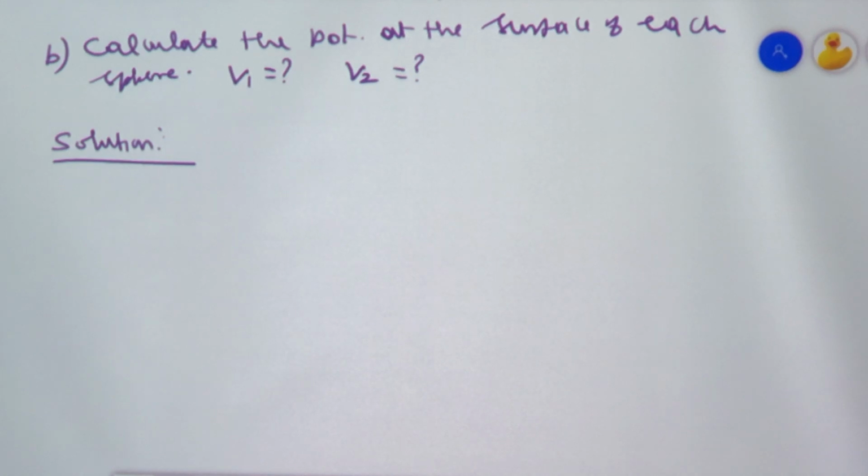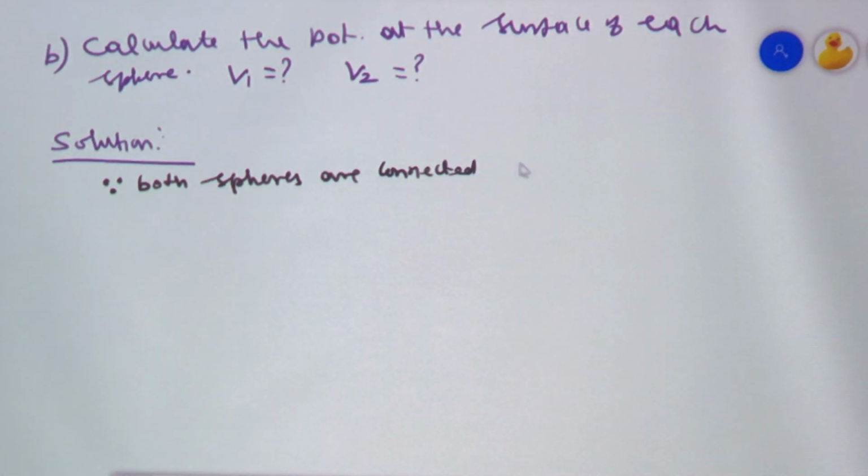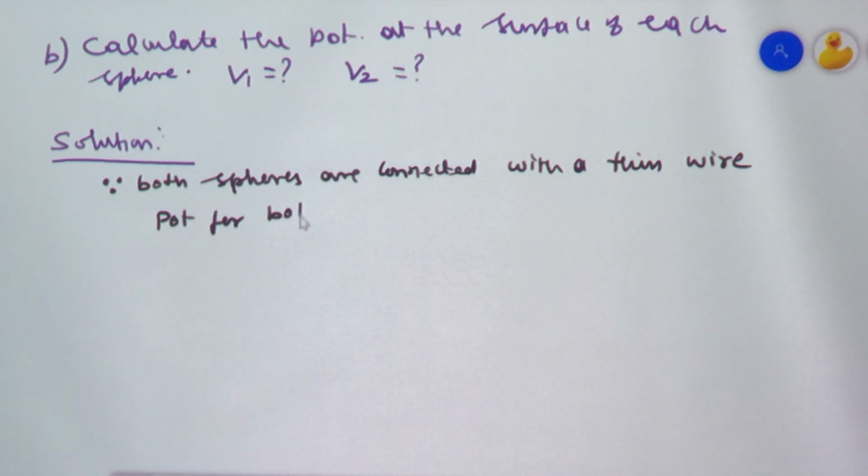The first concept that I have to state is that since both spheres, as we have studied in theory, are connected with a thin wire, the potential of both the spheres is the same.